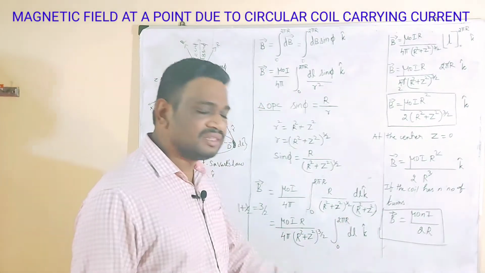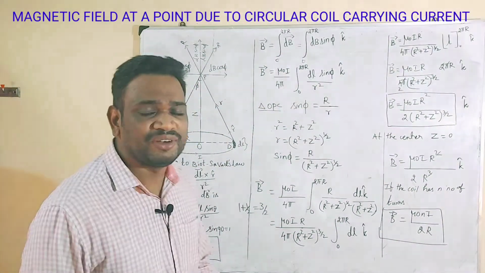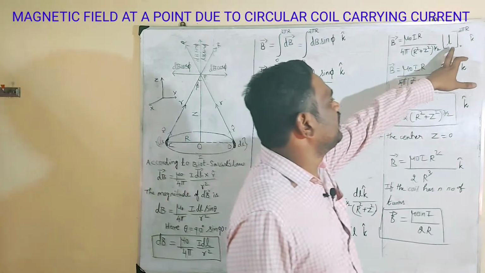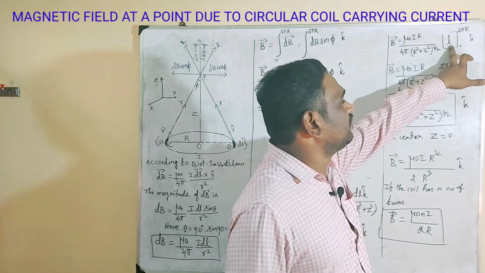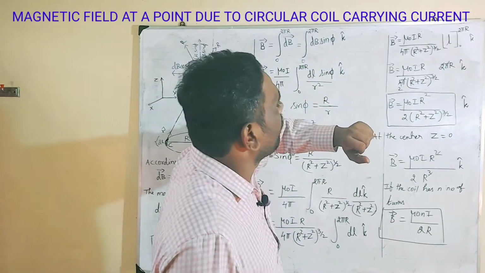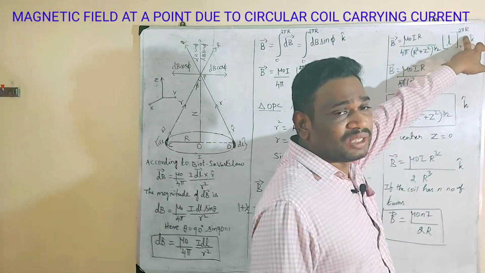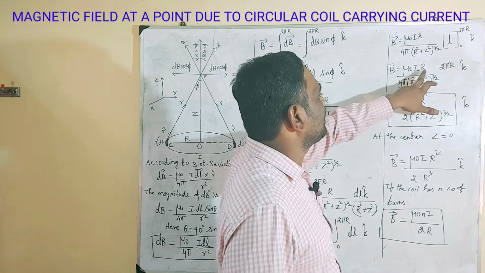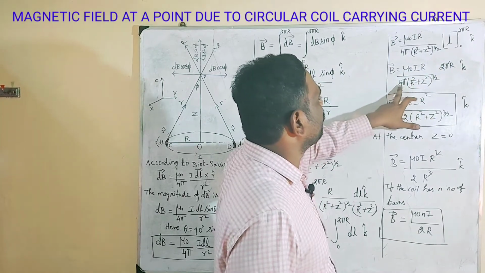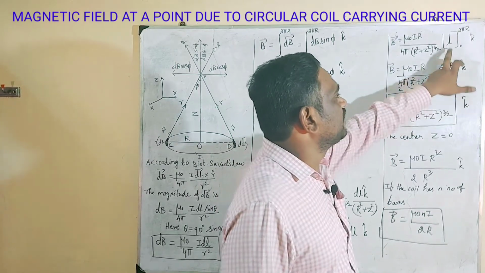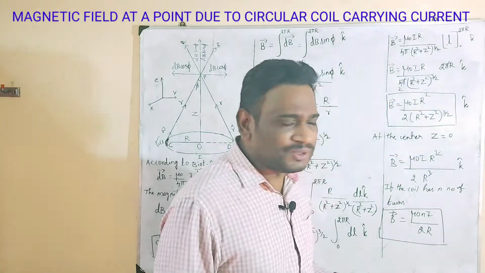Just we are going to integrate the dl. Integral of dl is L, that is integral of dx is x. So when you integrate dl, we will get L with the limit 0 to 2 pi r, and then we have to substitute the upper limit. So mu naught I R by 4 pi R square plus z square whole power 3 by 2 into 2 pi r. Instead of L, we have to substitute 2 pi r.